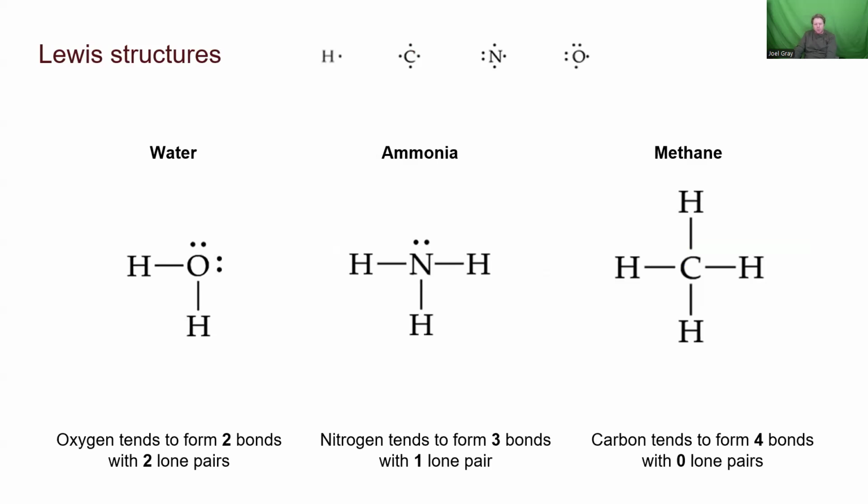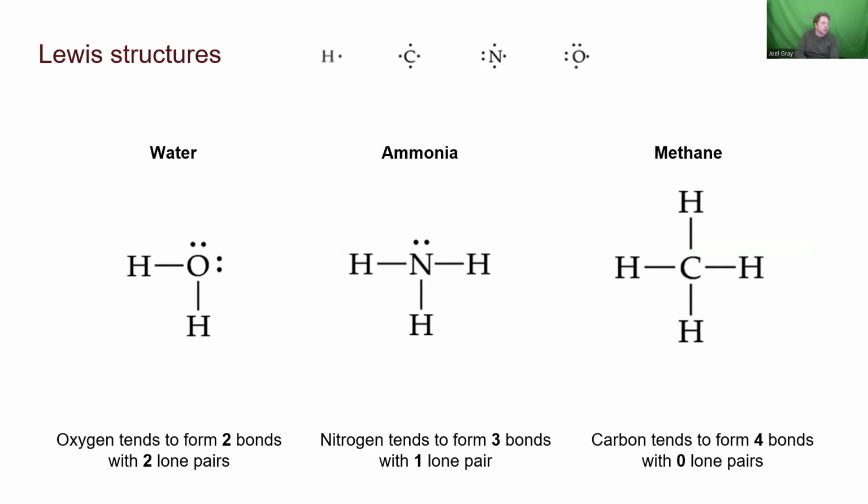Now, here are a total of three different molecules using only four different atoms. Hydrogen is found in all of them. Hydrogen loves to share its one electron so it gets two electrons. Carbon has four valence electrons and can share them all, and whenever it does, it's going to complete its octet.